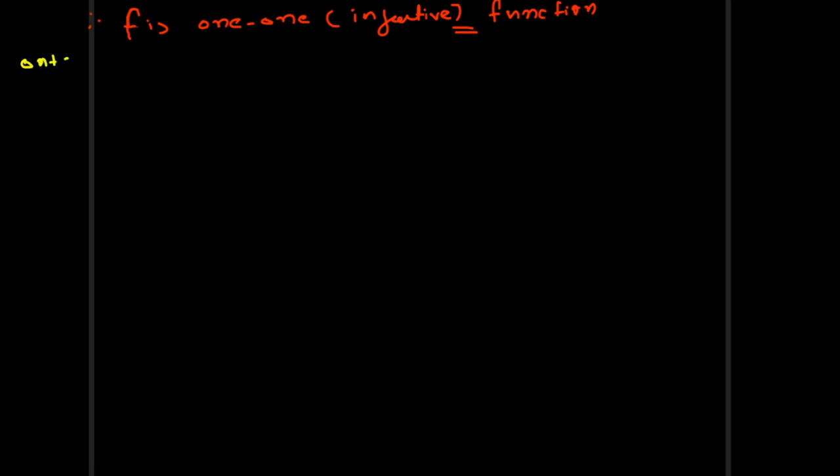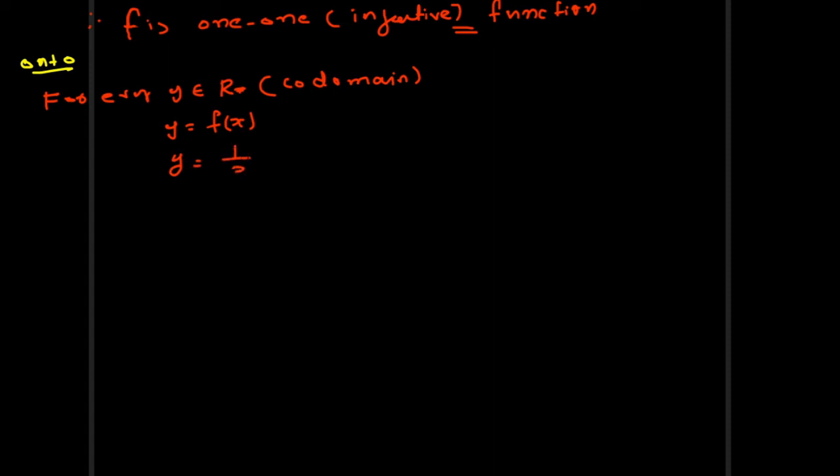For onto, we take every y belonging to R star, this is the codomain. Then y equal to f of x, that is, y equal to f of x equal to 1 by x.